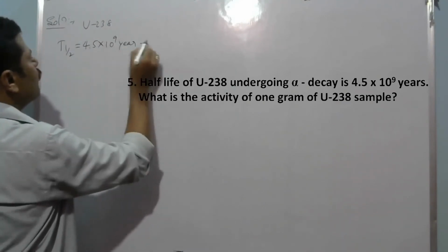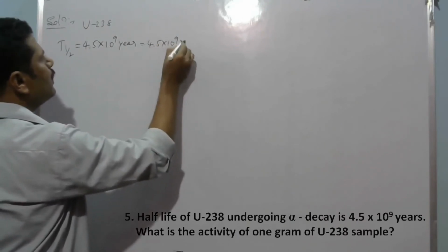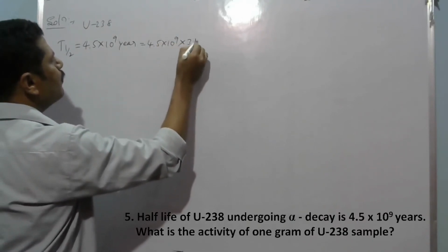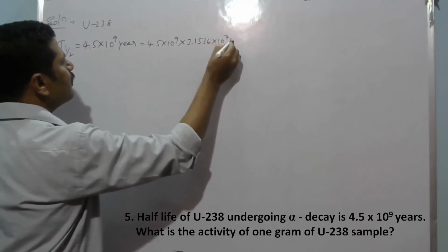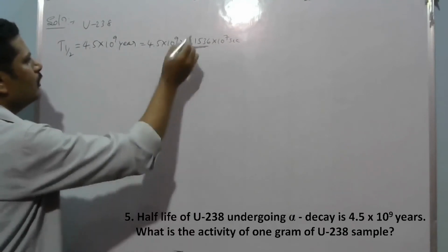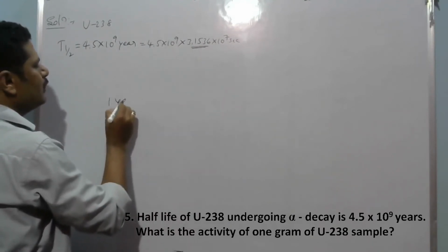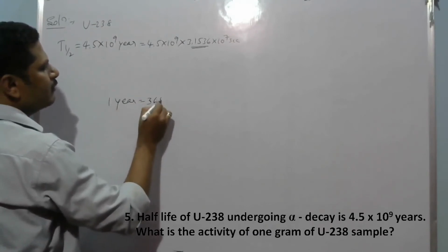We have here 4.5 into 10 raised to 9 years. In 1 year, how many seconds are there? 3.1536 into 10 to the power of 7 seconds. How can you calculate this? In 1 year, how many days are there? 365 days.